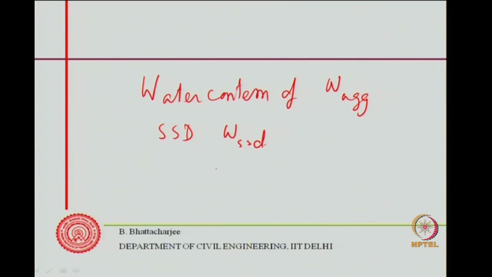You have to subtract this. So, if WAGG is greater, WAGG minus WSSD is the moisture content per unit SSD mass.